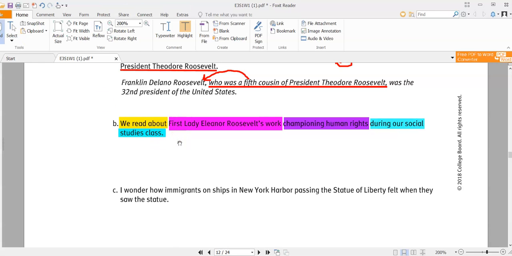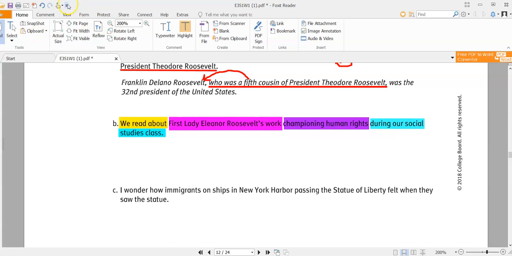Okay. So what we want to do is look at what part each part of the sentence belongs to. So we read about, yes, this is what we read about. So it should go next to we read because we're trying to figure out what we read about.